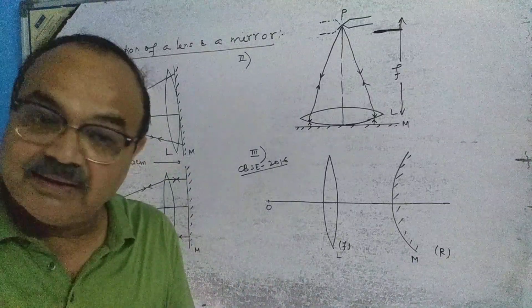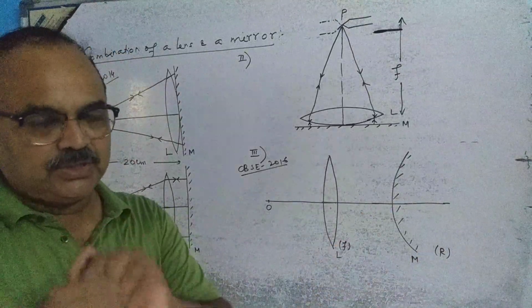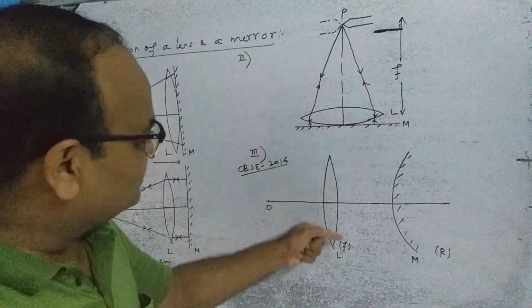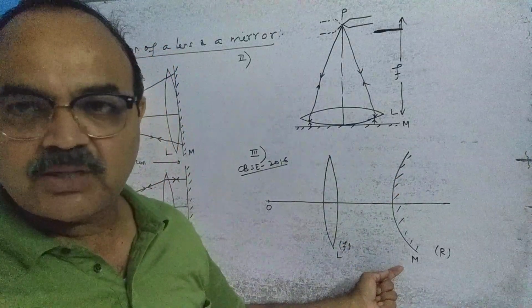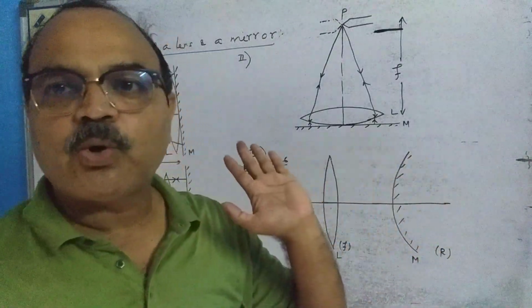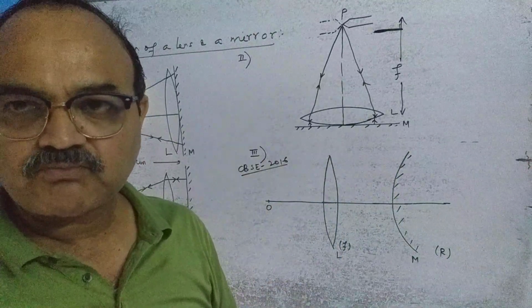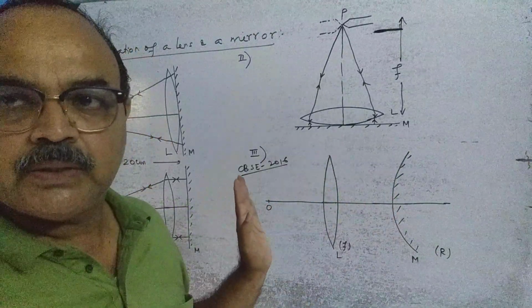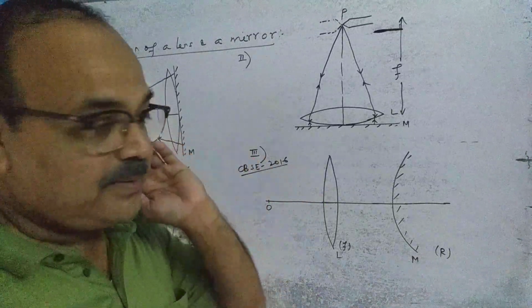They have been placed coaxially. I repeat the case: there is a convex lens of focal length small f and a convex mirror of radius of curvature capital R, placed coaxially as shown in the figure. Followed?